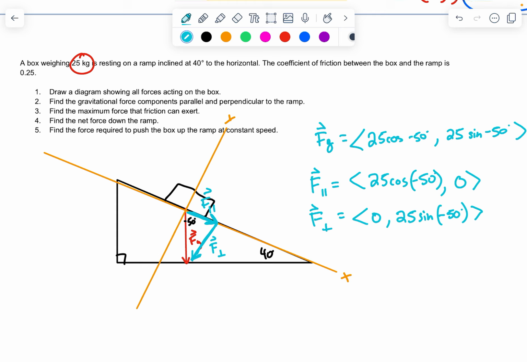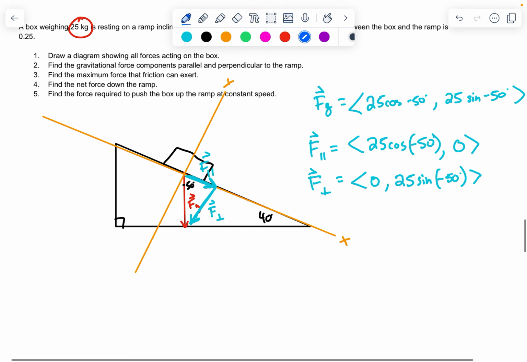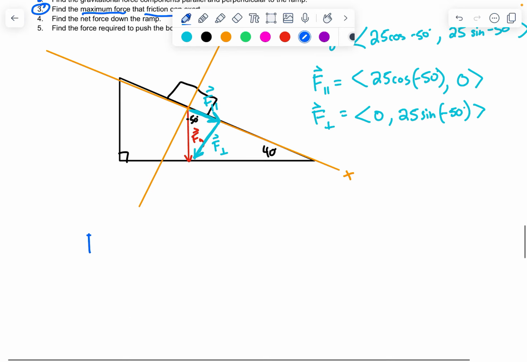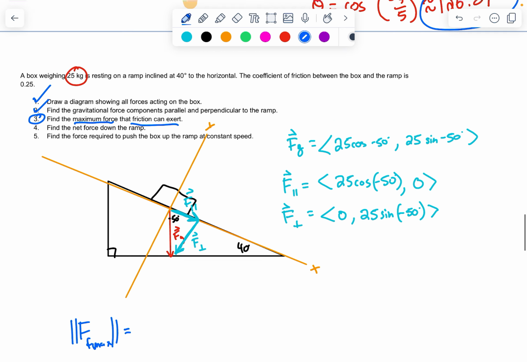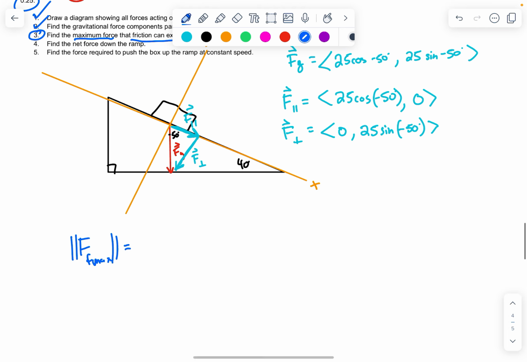Okay. We actually don't know if this box is moving or not. In these friction problems, we're not actually sure. So we drew our diagram. We found the components parallel and perpendicular. Find the maximum force that friction can exert. So now we're just using a formula. The force of friction max, the max force that friction can exert, which is a magnitude, or I'm putting that for clarity, is equal to the coefficient of friction, in this case 0.25, and that is being multiplied by the magnitude of the normal force, which is F perp.